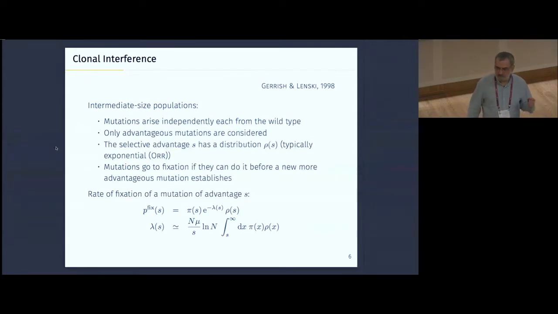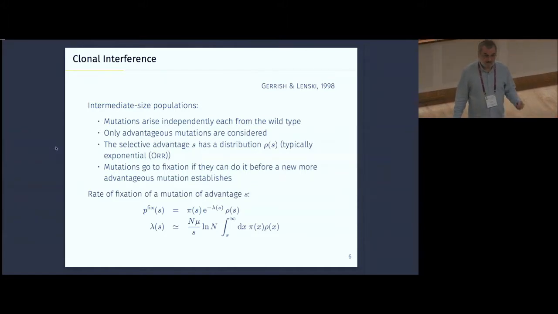Therefore, for a variant to be advantageous, it must be some sort of extreme. It cannot be just a generic variant. It must be really something that is close to the tail of the distribution of the effects of variants. Otherwise, it will not be advantageous with respect to what is already established in the population. So the correct distribution that you would expect to apply for advantageous mutations is a sort of extreme value distribution.